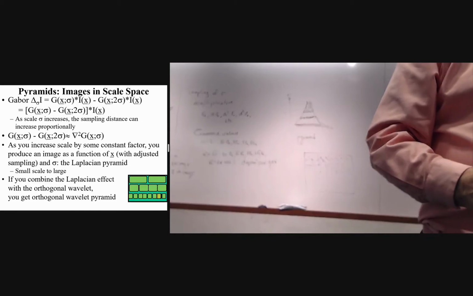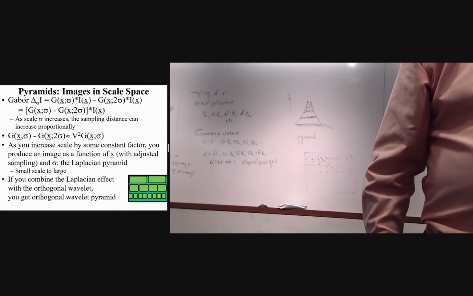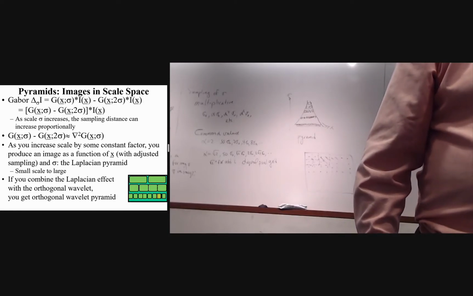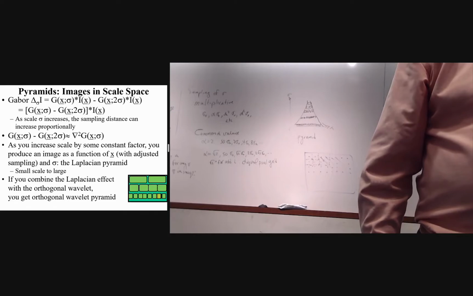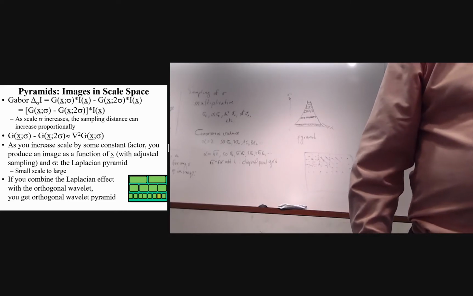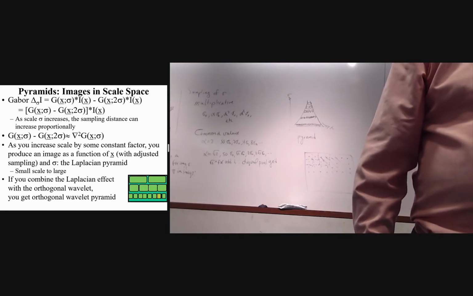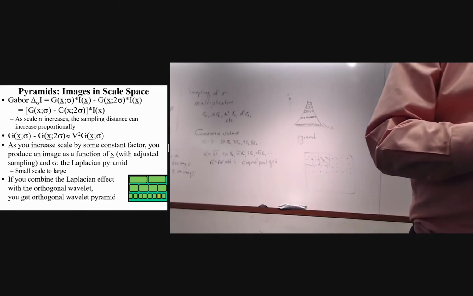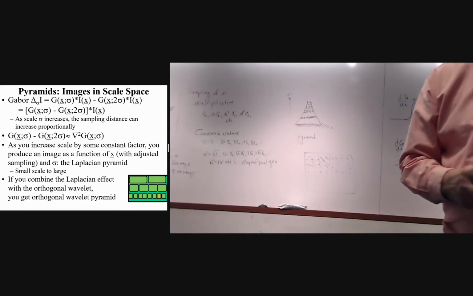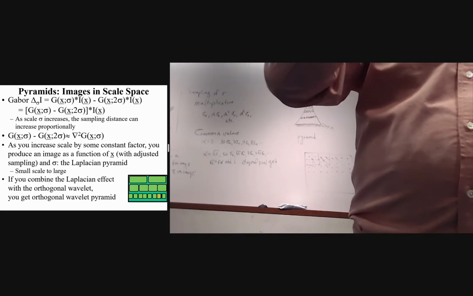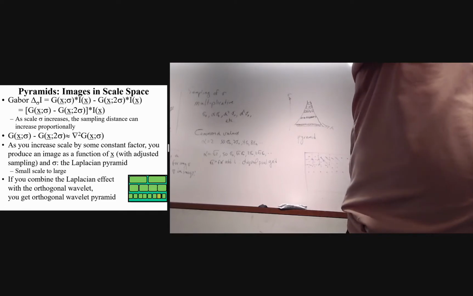So the first thing to say is that scale, being positive values only, is best sampled with equal spacing of log sigma, or equivalently multiplicative spacing. So you don't do sigma and then 2 sigma and then 3 sigma and then 4 sigma. If you're going to have factor 2, you're going to do sigma, 2 sigma, 4 sigma, 8 sigma.